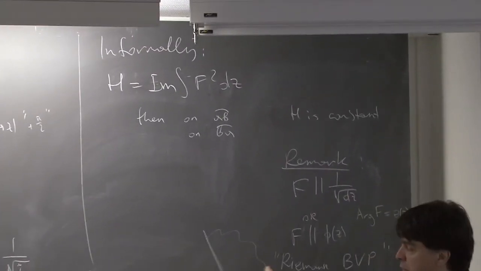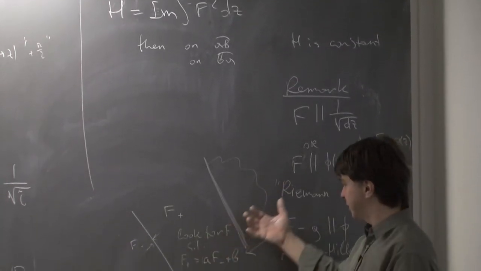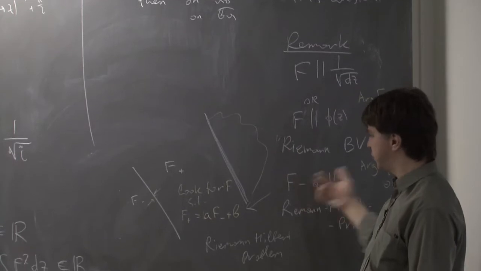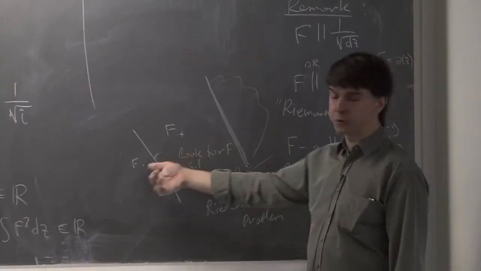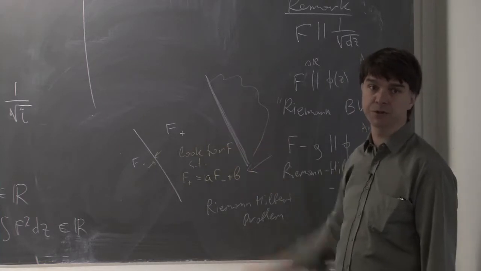And then there is a way, using Schwarz reflection, if you have a solution with given j and phi, to get a solution of that with given a and b, which are functions of j and phi, and vice versa.